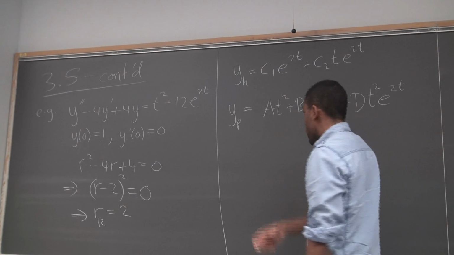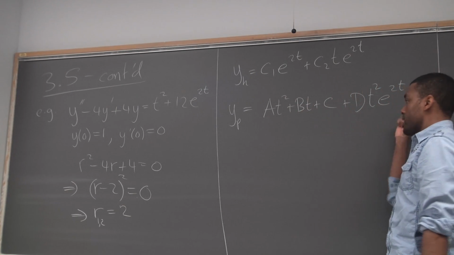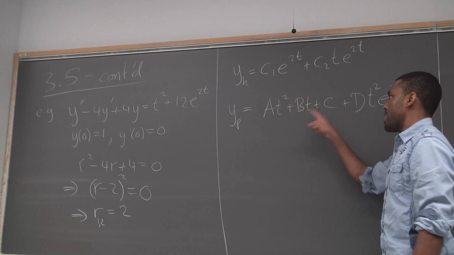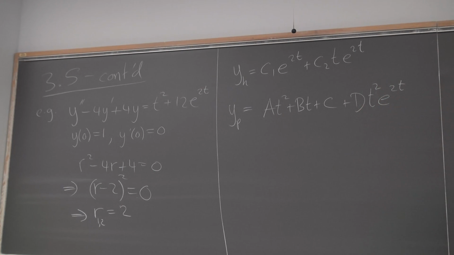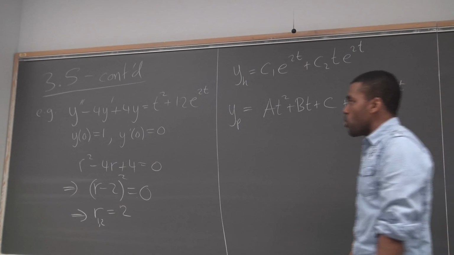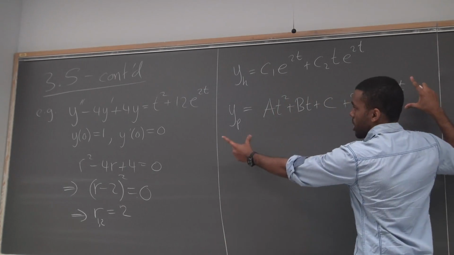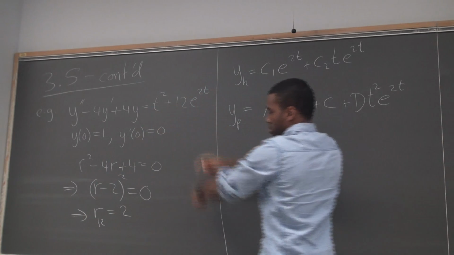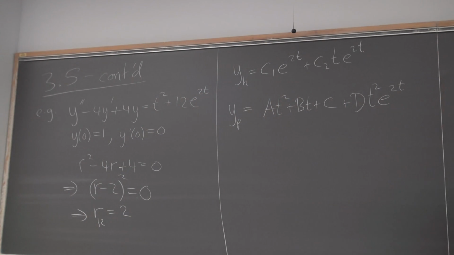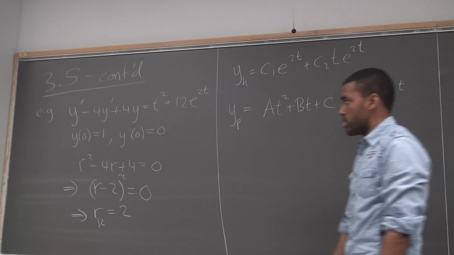Now comes the part where usually you don't want to leave it in this form. Usually they're going to want you to find the a, b, c, and d. So that's what we're going to do now. How do we get to that? Well, we are going to start by plugging this into our differential equation and then setting the coefficients equal to each other so we can end up finding what these numbers are.